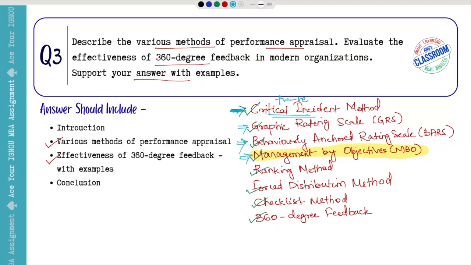So management by objectives, to tell you in brief: the employee and manager both agree on specific measurable goals at the start of the evaluation period. Let's say, for example, the evaluation period of your organization is from April to March. In April, the manager and the subordinate will sit together and decide what are the performance indicators or the key goals that the employee has to work for in the coming year, and accordingly they will work on it.